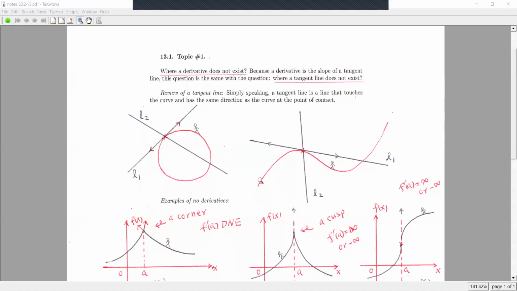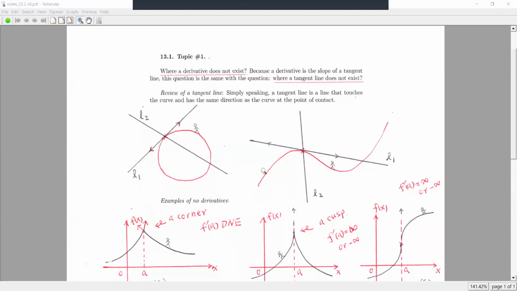Example 2. Consider this curve. This point is on the curve. At this point, there are two lines through it. Again, the line L1 is a tangent line. L2 is not a tangent line. Imagine that I walk along the curve. When I pass the point of contact, my walking direction is this direction.